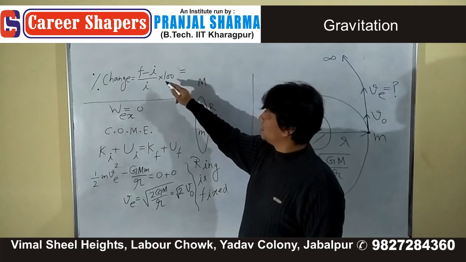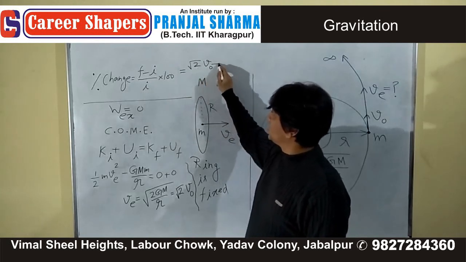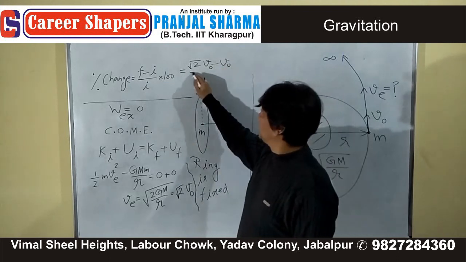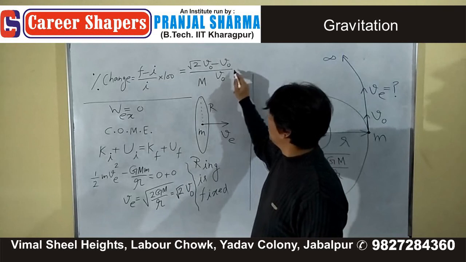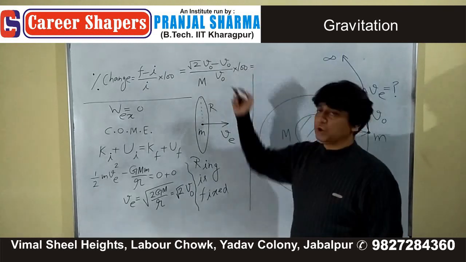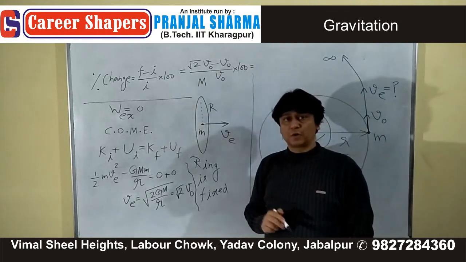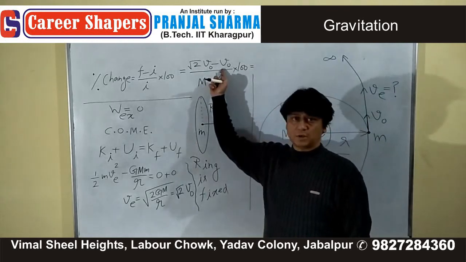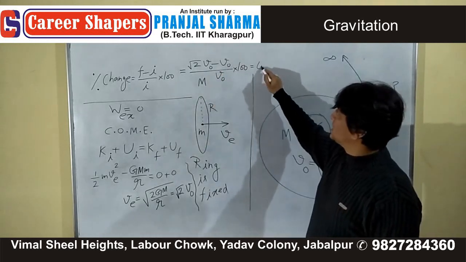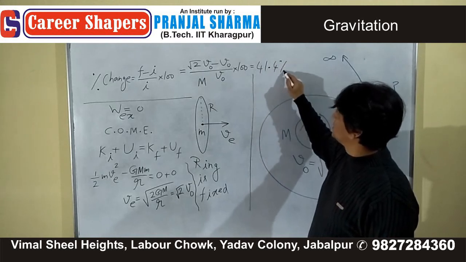What's your final? Root 2 times VO. What is initial? Initially it was moving with VO, divided by VO multiplied by 100. VO cancel. What is root 2? 1.414 minus 1, that is 0.414 multiplied by 100 is coming 41.4%.